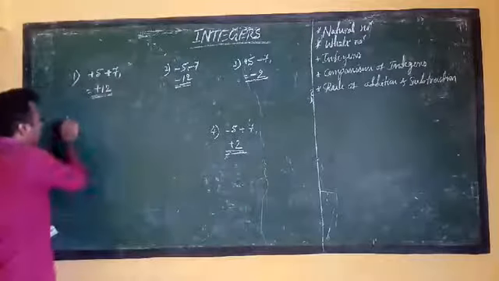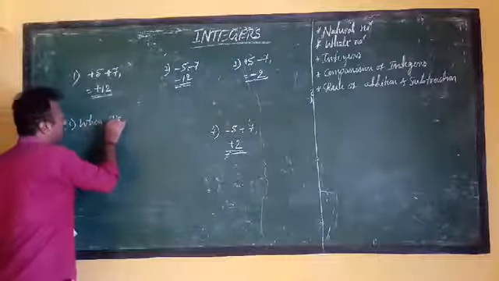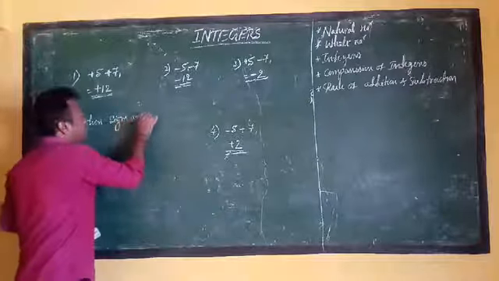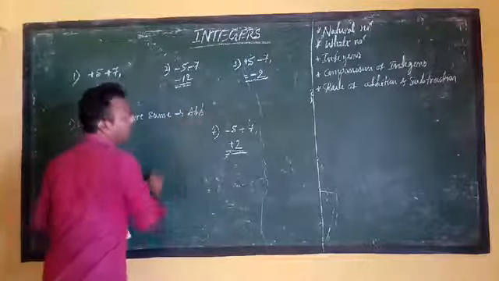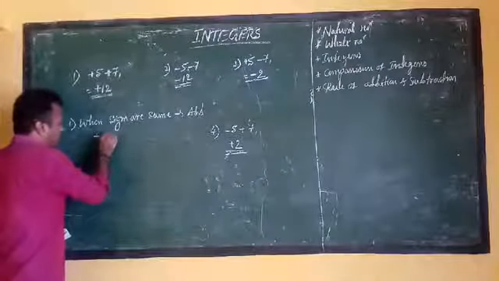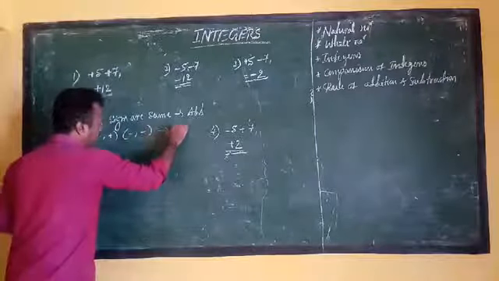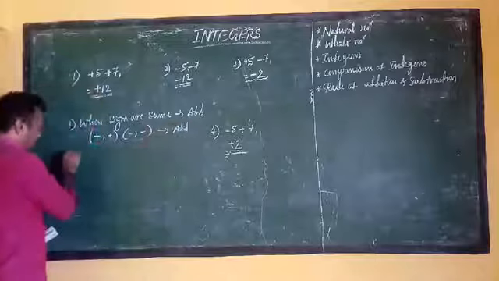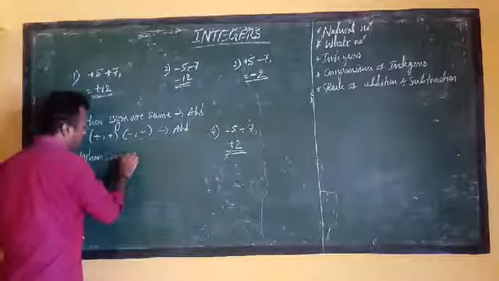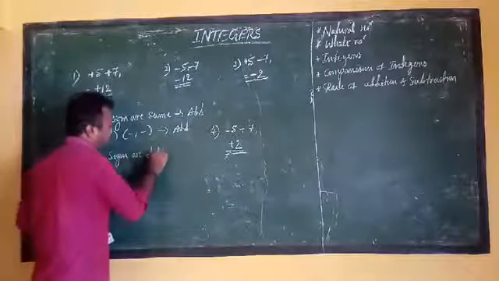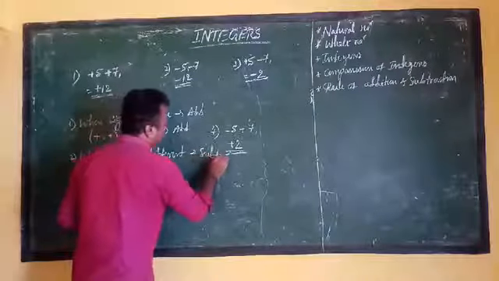So two rules are there. The first rule: when signs are same, we do addition. Means plus plus, or both minus minus, we do addition. Got it? The second rule: when signs are different, we do subtraction.